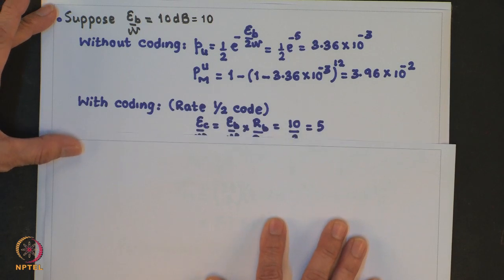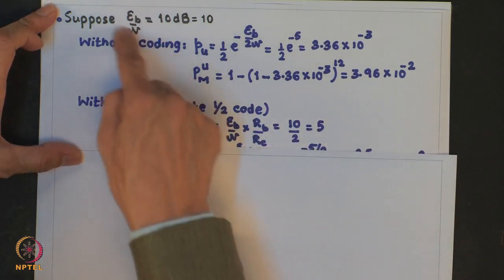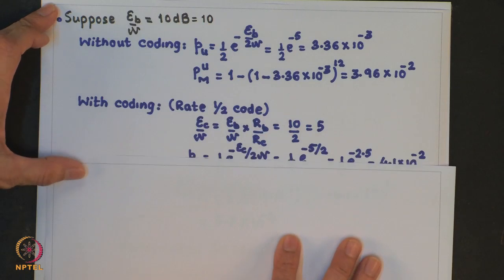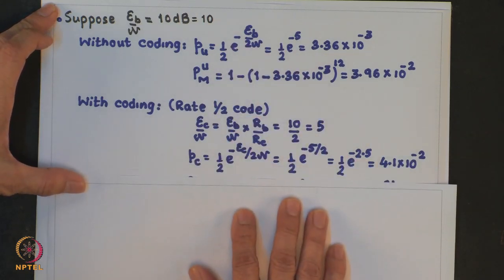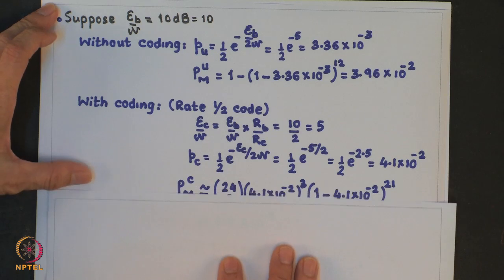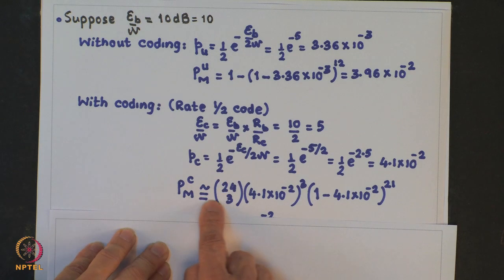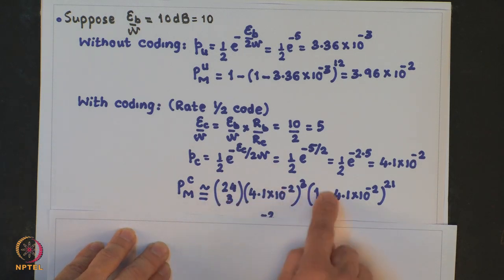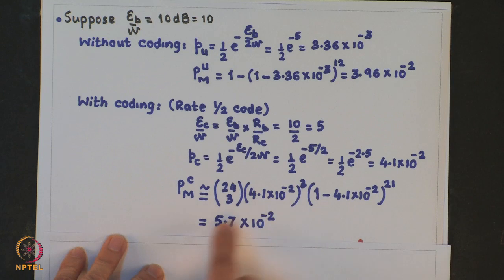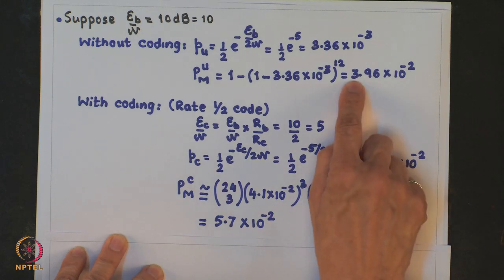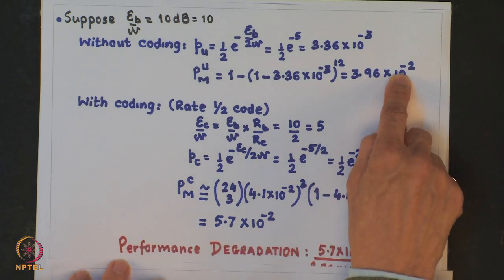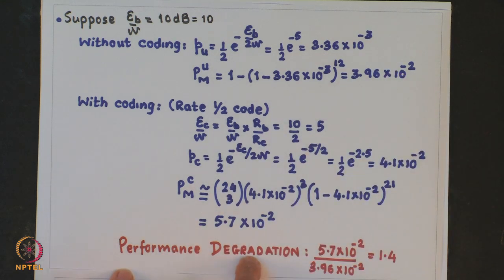With the coding the procedure remains exactly the same, except that this SNR per bit has reduced to 10. If we do the computation, and finally again we make an approximation that we neglect the more than 3 errors, we get this final value, and we see that this quantity turns out to be larger than without coding. So, there is a performance degradation by a factor of 1/4.